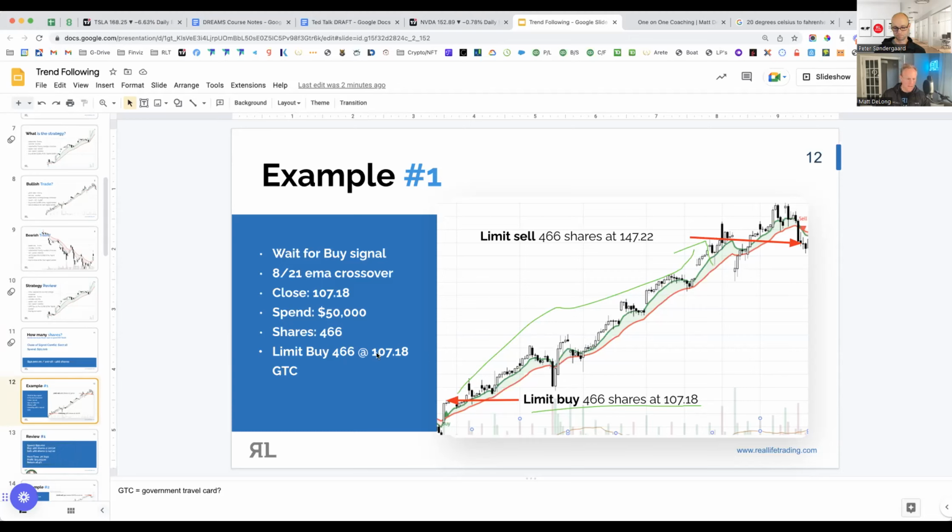Okay, you guys with me? All right, so here's what happens: we buy at 107.18 and we exit at 147.22. I'm going to do the math on that real quick. You guys can do it with me. 107.18 times, sorry, 147.22 minus 107.18 times 466.